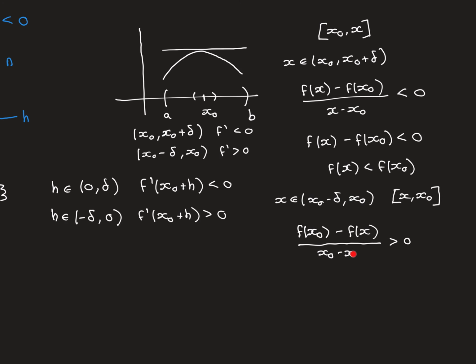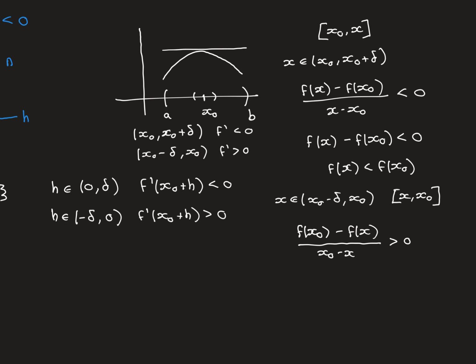So the difference quotient then going from x to x0 will be f of x0 minus f of x over x0 minus x, and this will be equal to the value of the derivative of the function for some point between x and x0. That's what the mean value theorem tells us.